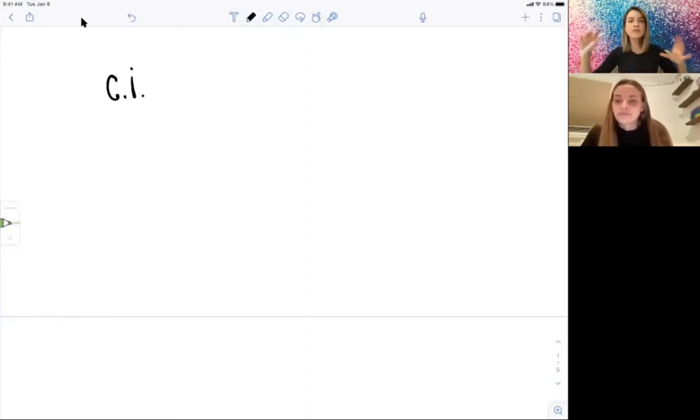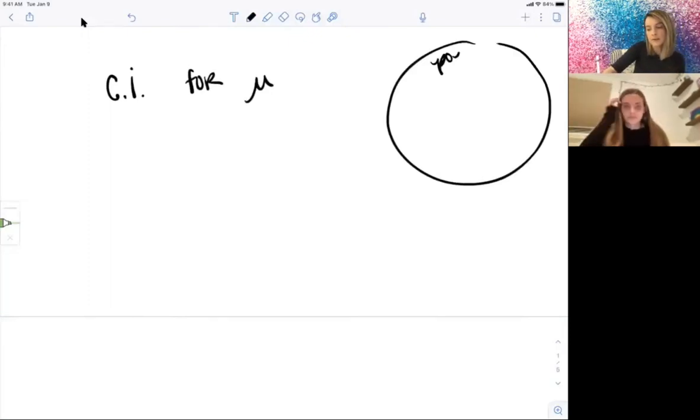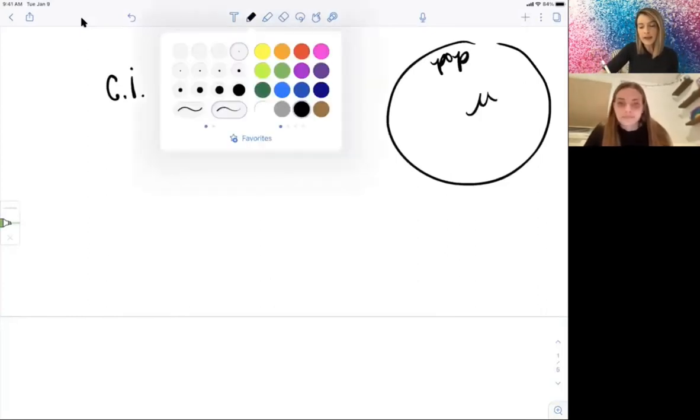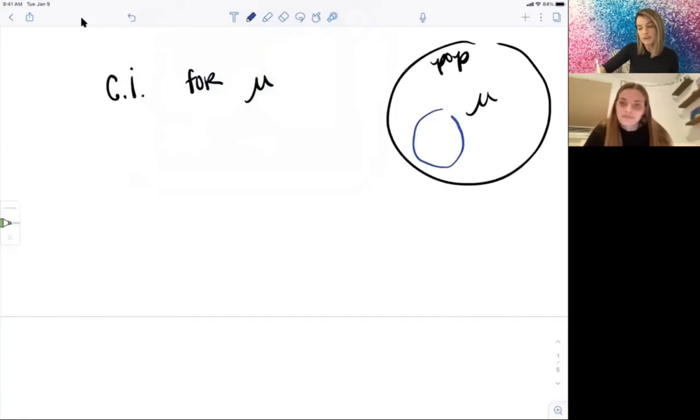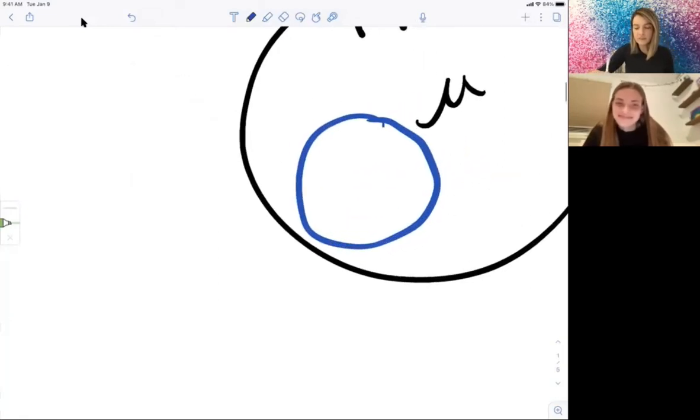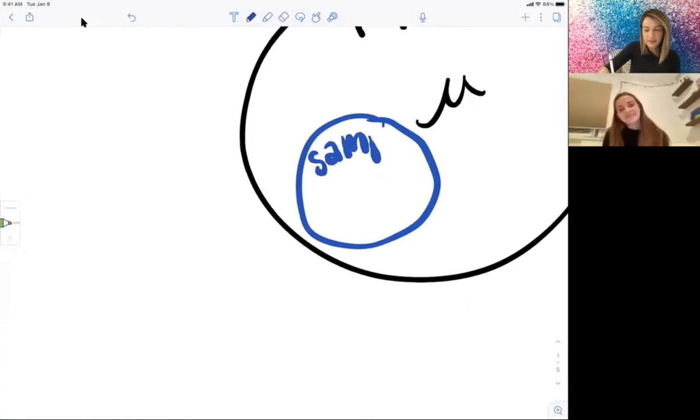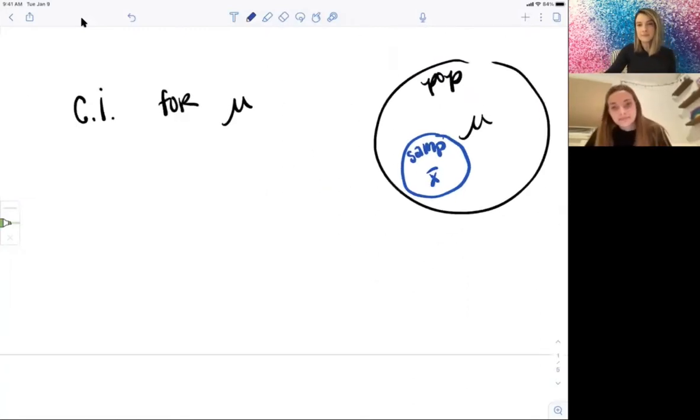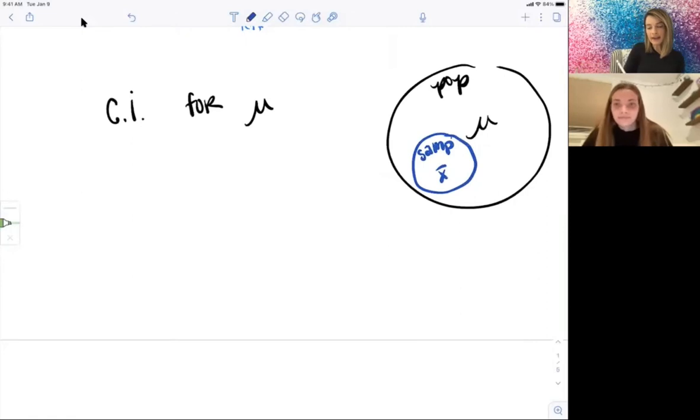So we're interested in finding, let's say, for example, the population mean. We want to know for a population, what is the mean? But we can't access the whole population. So we get a sample and we get a sample mean. And that's called our point estimate.